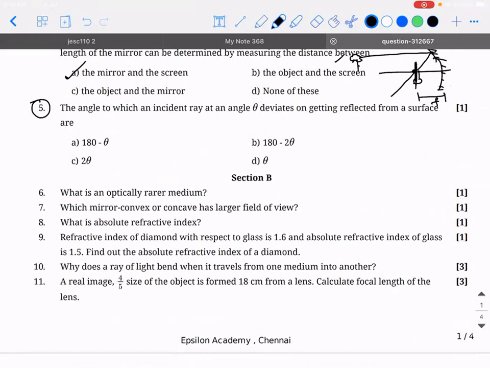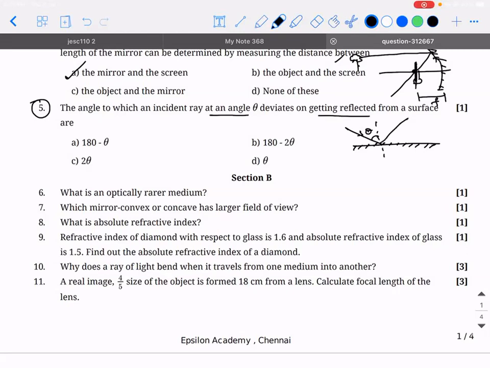The last one, this is an interesting one. See, the incident ray at an angle theta deviates on getting reflected from a surface. So let's say it is hitting the surface at an angle theta.